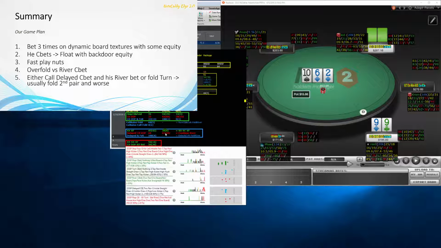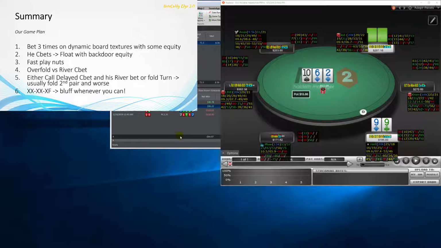So in general, I think you want to fold weak second pairs and worse right away. And if nobody bet until the river, then you should definitely bet, unless you have some kind of showdown value that can beat ace high. Just bet it out.